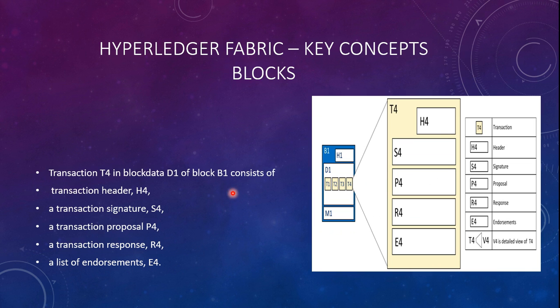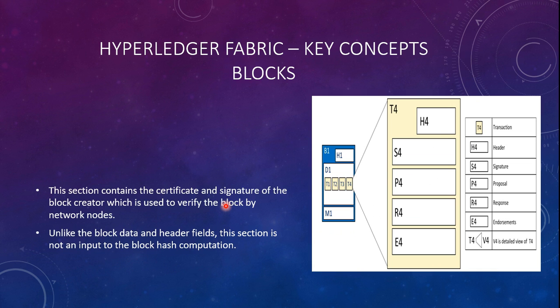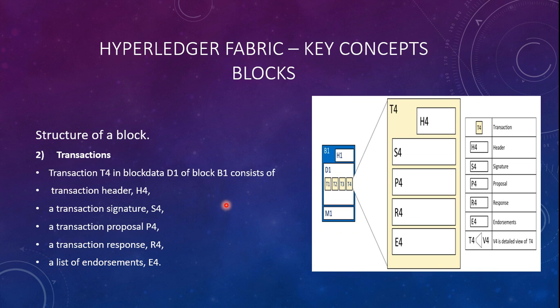Now let's look at the transactions. Inside the body there are T1, T2, T3 and T4 transactions. Transaction T4 in the blockchain data D1 of a block B1 consists of a transaction header H4.